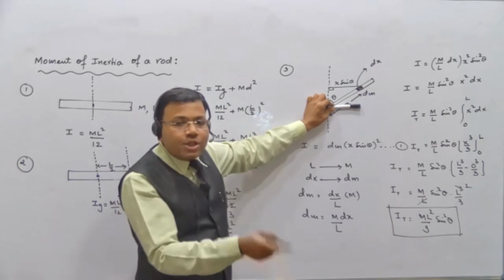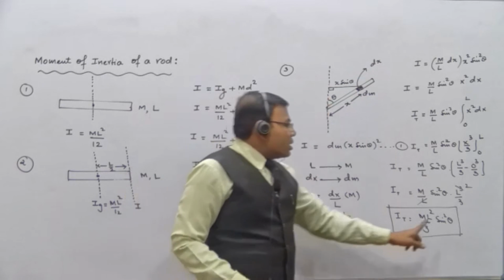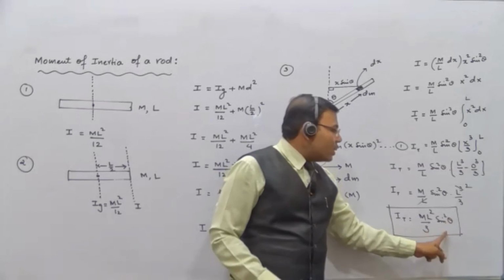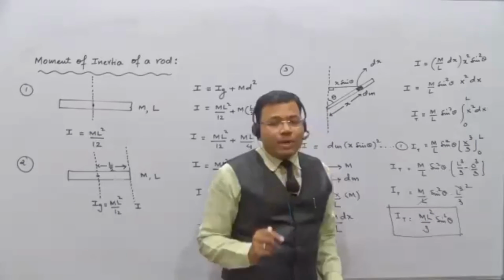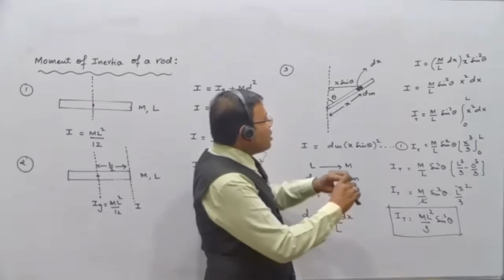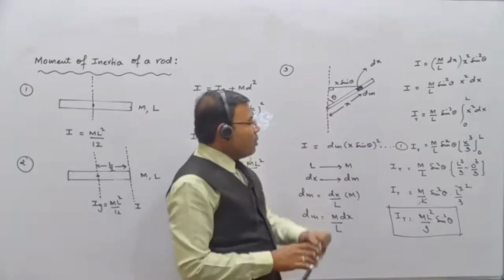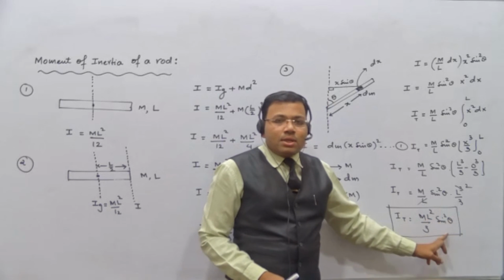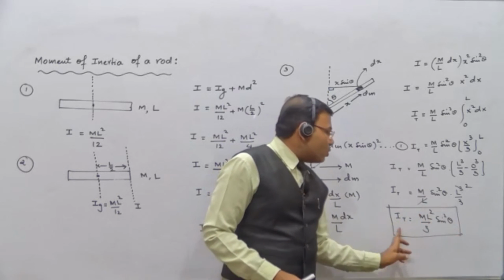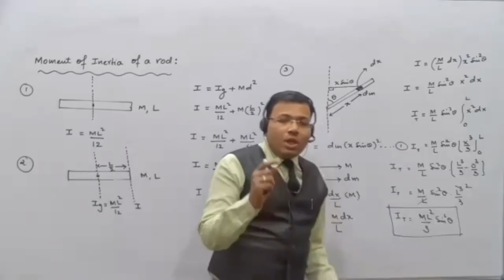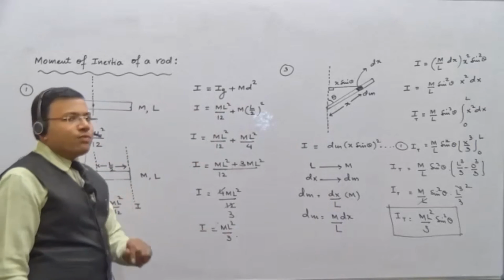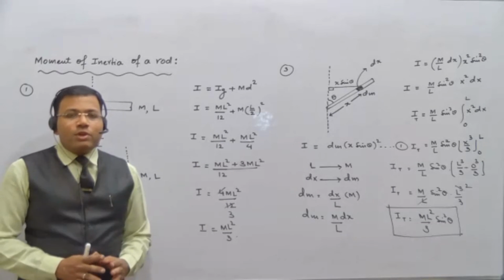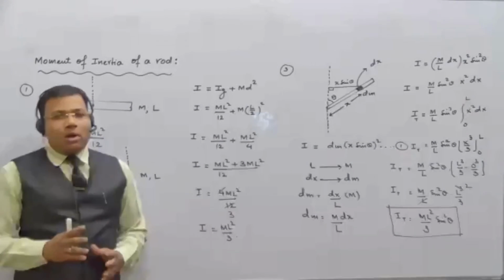The angle becoming is 90 degrees, right? So sin square 90, sin 90 is 1, 1 square is 1, 1 into M L square by 3 is M L square by 3. So when you make this rod exactly perpendicular, the moment of inertia is M L square by 3, because sin 90 is 1. Therefore the total moment of inertia is M L square by 3, which we have already seen under this situation. So hope you have understood the different situations of moment of inertia about a rod.